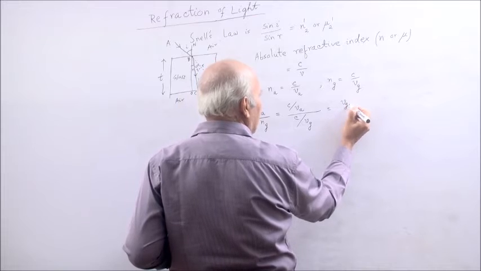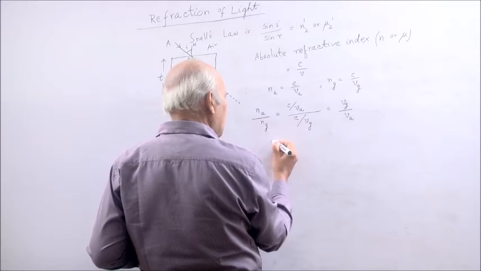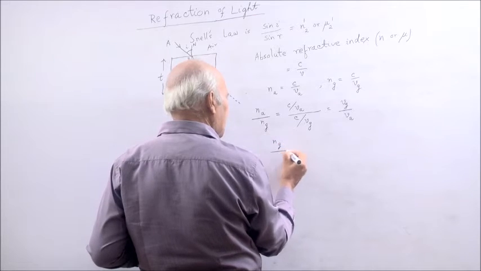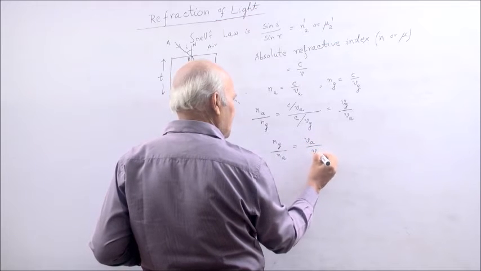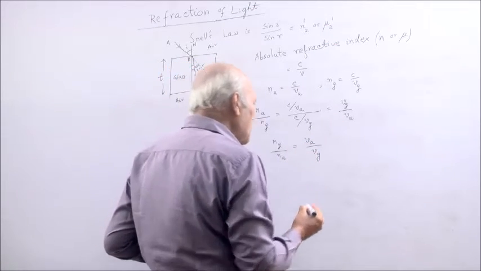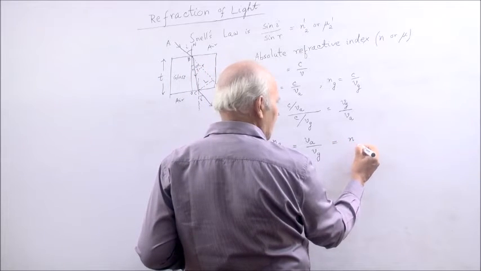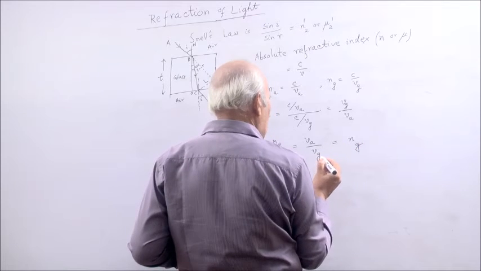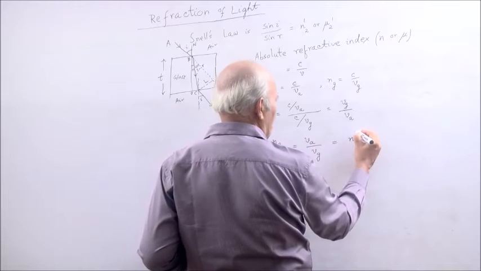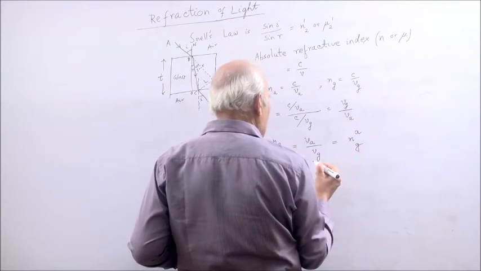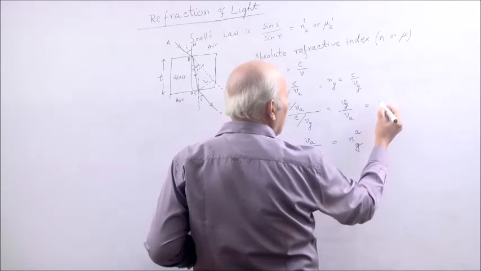That is Vg by Va, and if you invert it, then Ng by Na is equal to Va by Vg. So, this one is called the refractive index of glass with respect to air, and it is the reciprocal of that.